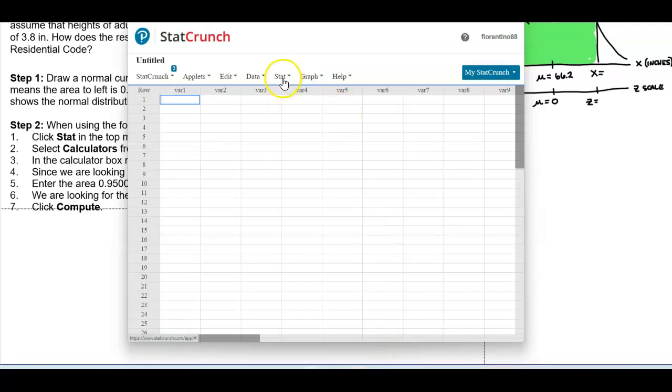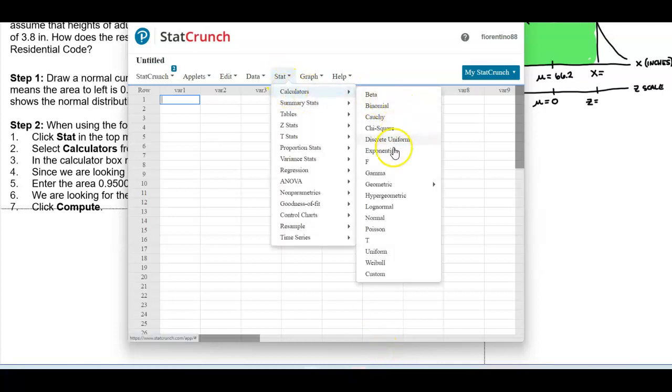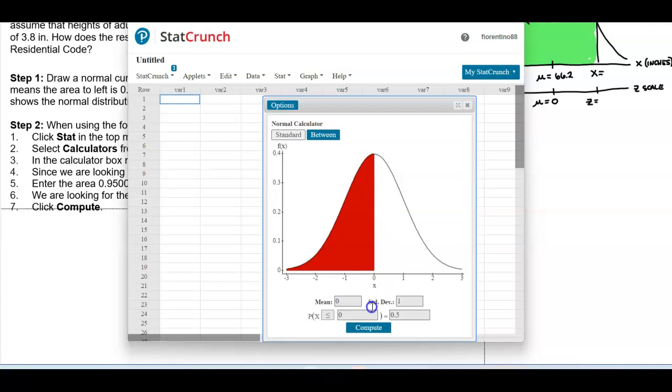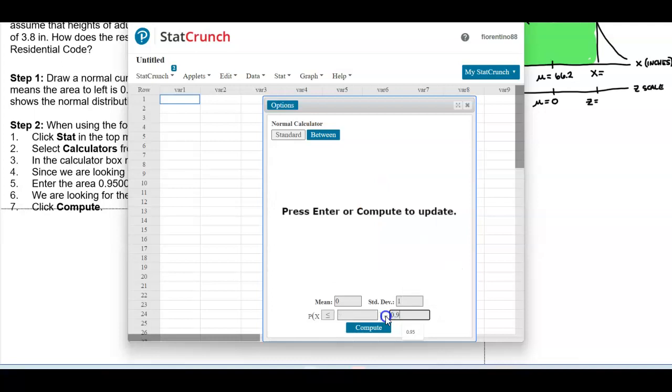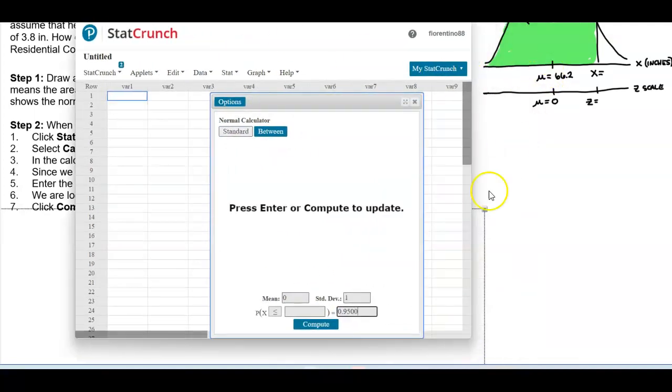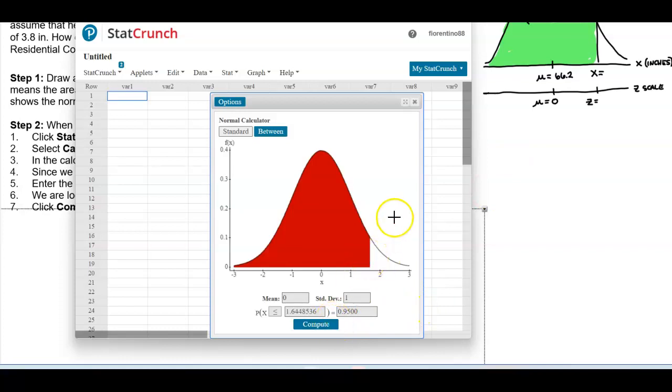So opening up StatCrunch, we're going to select Stat, Calculators, and then go to Normal. We know that our mean is 0, our standard deviation is 1, and so we want to make sure our inequality is less than or equal to, and now we're going to put in the area of 0.9500. And let's see if it matches our drawing that we ended up drawing ourselves. So it does.